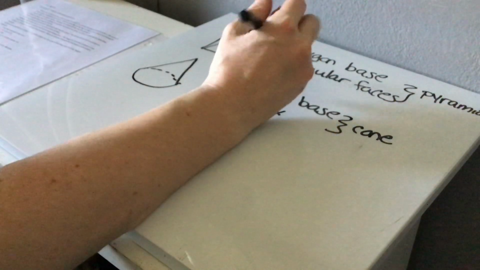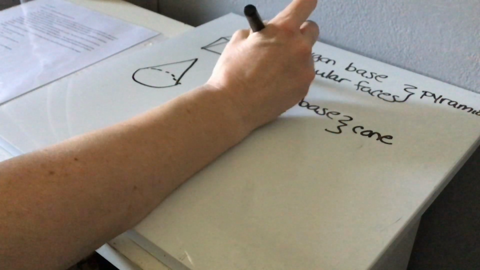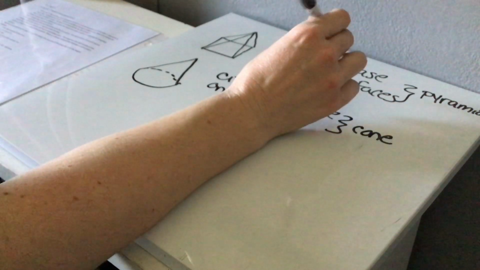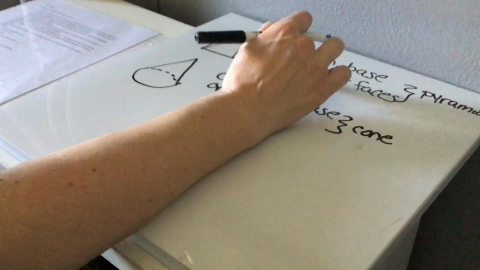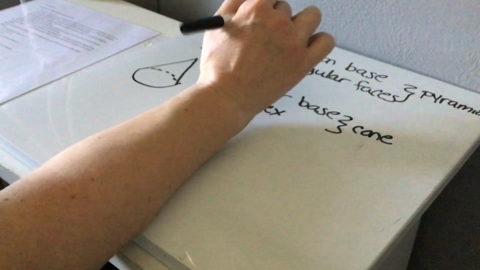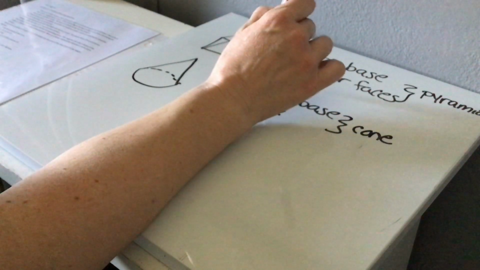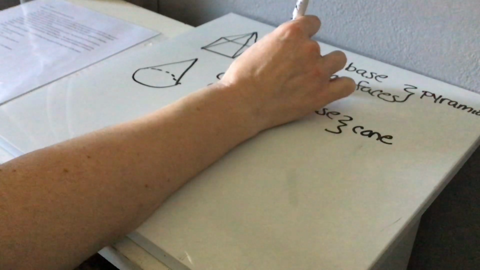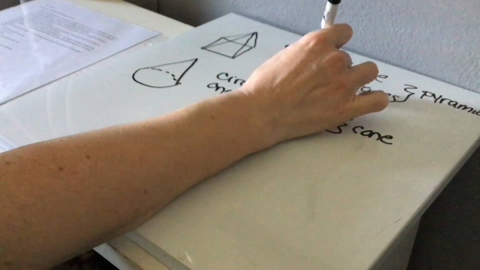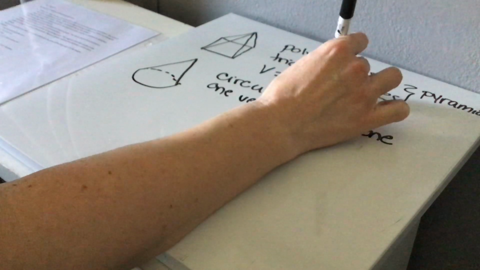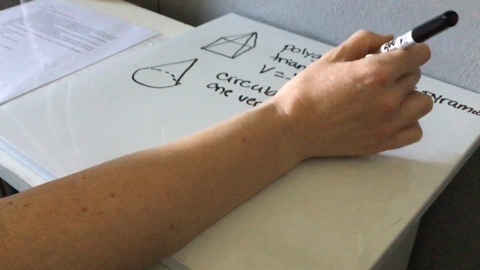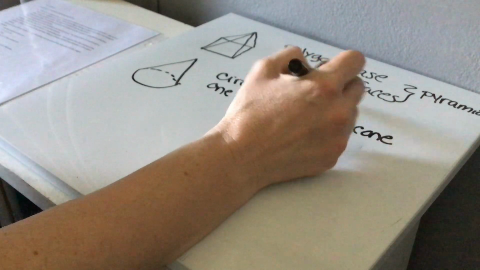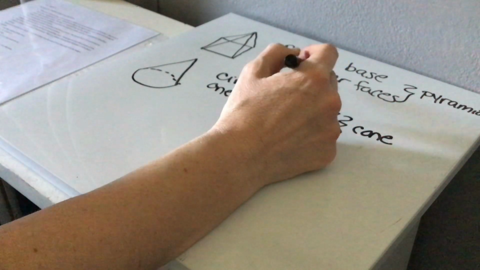So that suggests that the volume of the corresponding prism is 3 times the volume of the pyramid. So the volume of the pyramid is 1/3 the area of the base times the height. Okay, so find the area of the polygon, multiply it by its height, and then by 1/3.